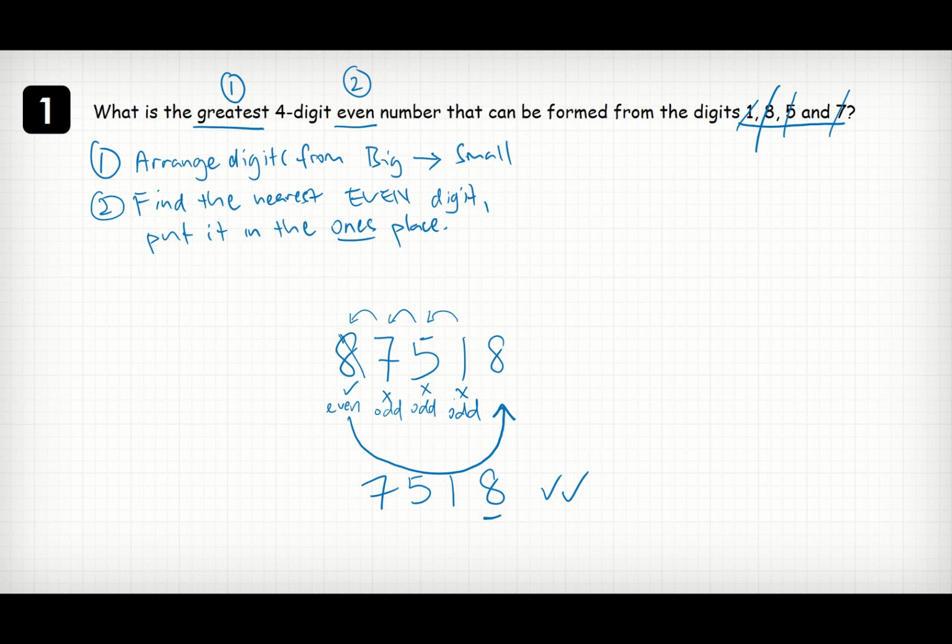My remaining digits, 7, 5, and 1, if I arrange them from big to small, I will find that it will be 7, 5, and 1. So this must be the biggest or the greatest 4-digit even number. Simple. Okay, try the next question.